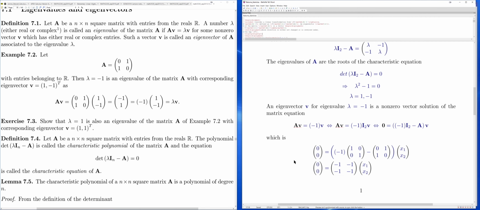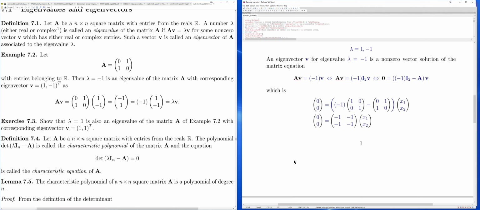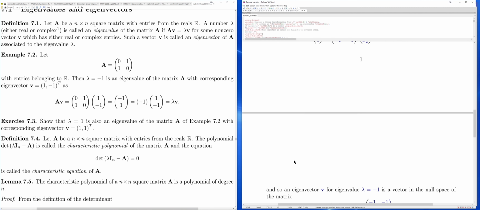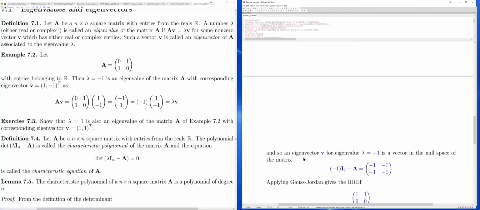So I can summarize what I said before: an eigenvector corresponding to eigenvalue lambda equal to minus 1 is a vector in the null space of this matrix.